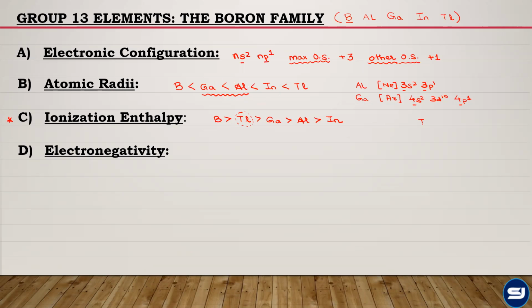Because when we write the configuration of thallium, it is xenon followed by 6s2 6p1। अब उनके बीच में there is 4f14 and 5d10 electrons, and these two collectively, that is 24 electrons, actually offer a very poor shielding effect.